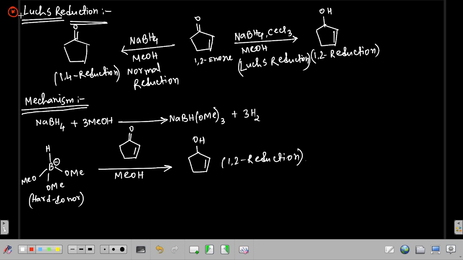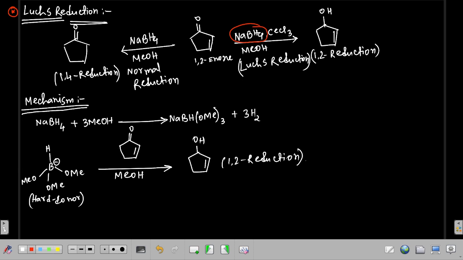Next is Luche reduction. This is a special type of reduction by using the sodium borohydride reagent.